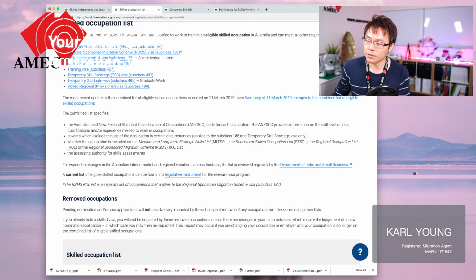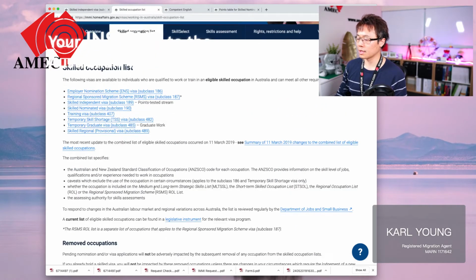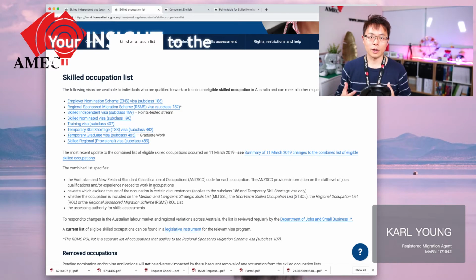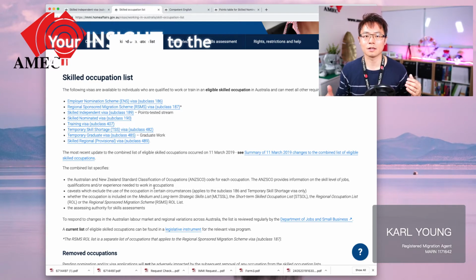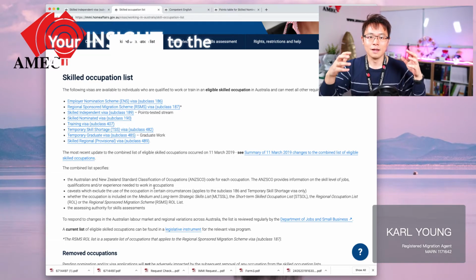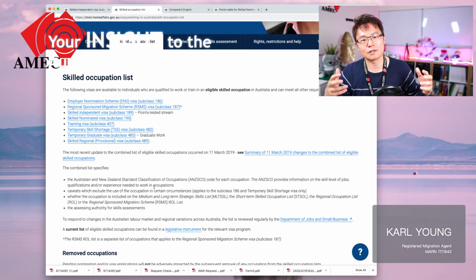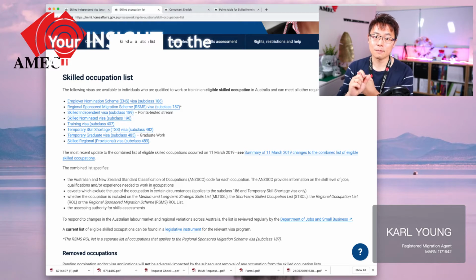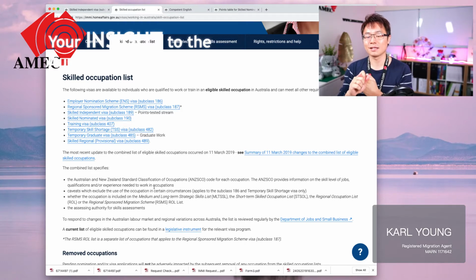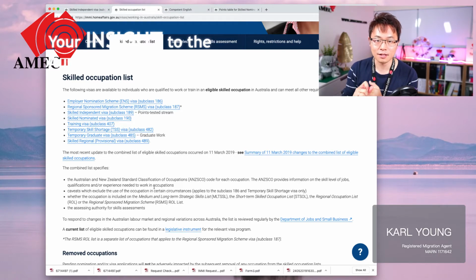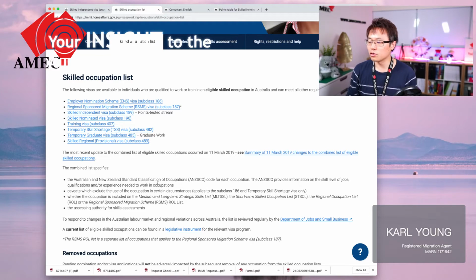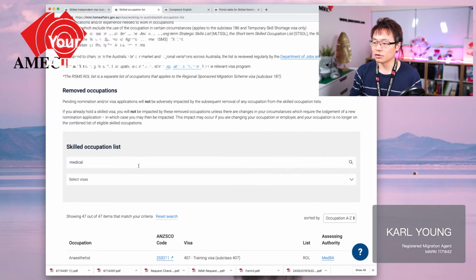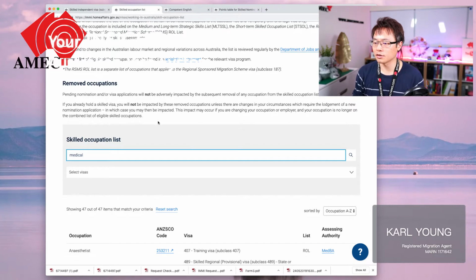I think the government of Australia has done a good job aggregating all occupations, because today's Australian visa system is extremely complicated, as different visas probably have different skill occupation lists. So you may think you're on a migration path, but you might not meet the requirements or get the right visa to actually come in.